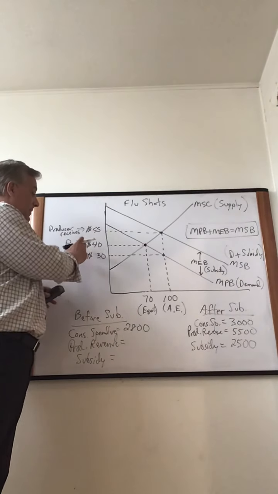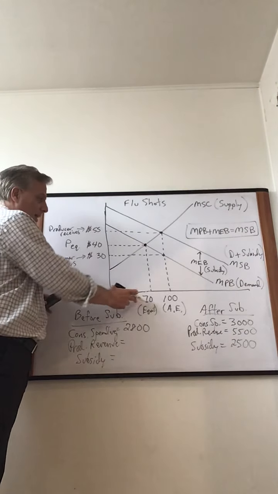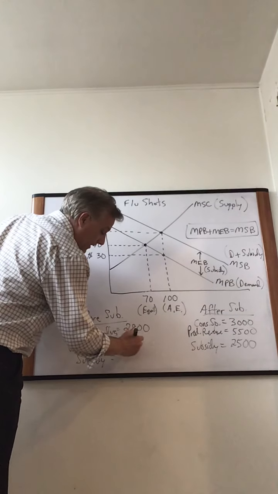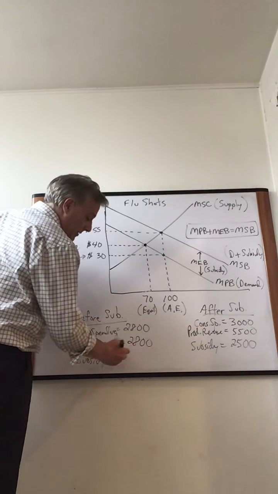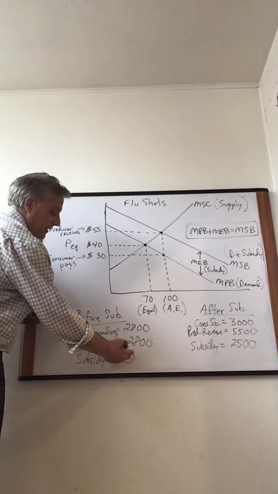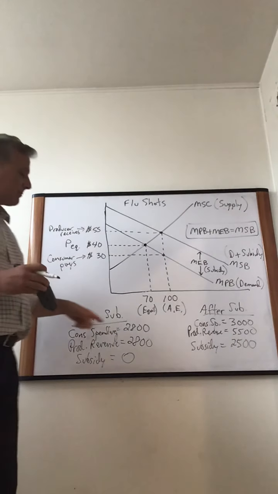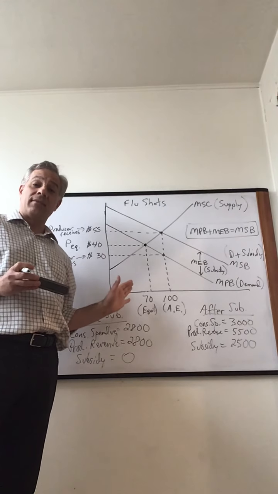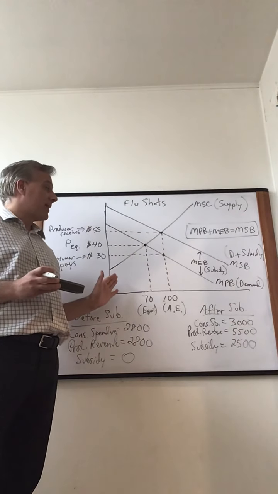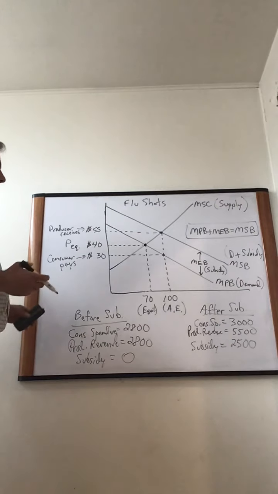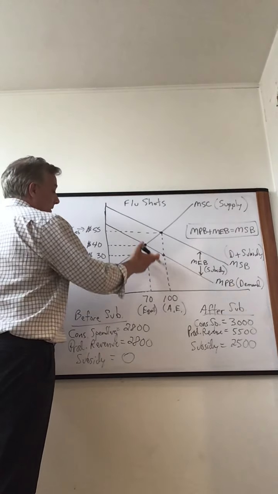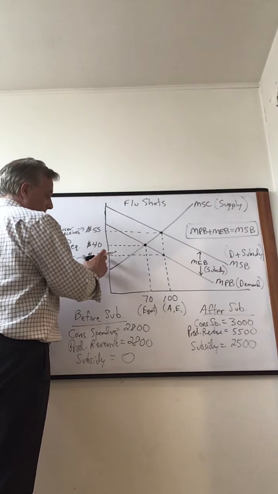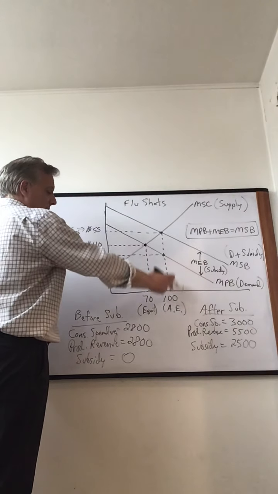Well, the producer receives $40 per unit at a quantity of 70, which is 2,800. And how much is the subsidy? Well, there is no subsidy in the natural market. And it's not allocatively efficient. To get the allocatively efficient quantity, we got to provide a subsidy. And the subsidy is going to be equal to $25 as it turns out right here.